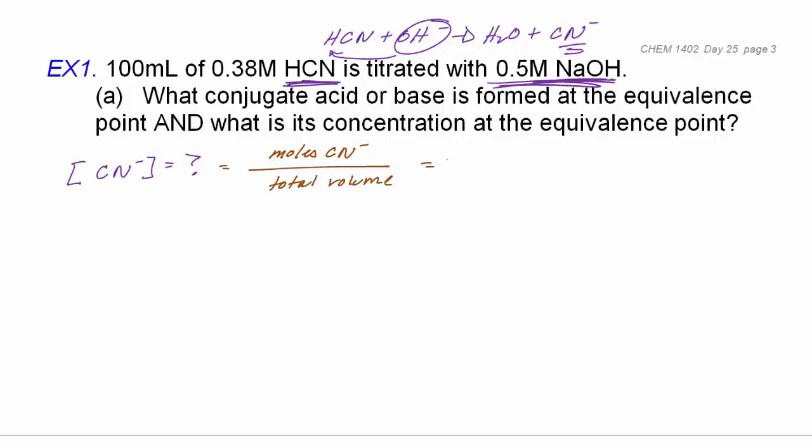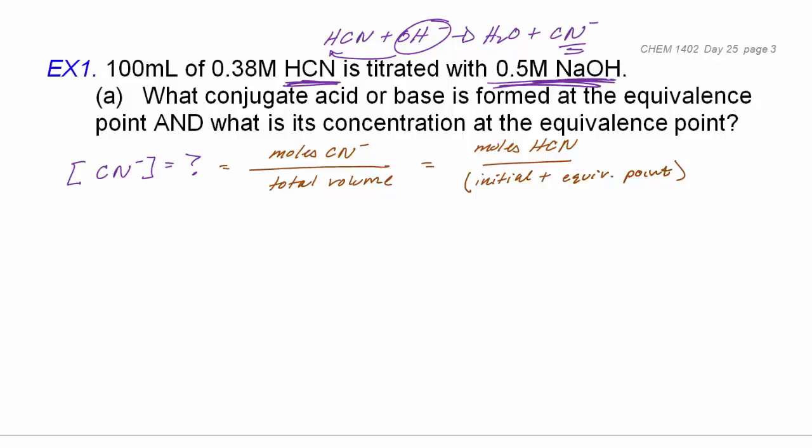And remember our game plan, the moles of that cyanide are the same as the moles of the hydrocyanic acid that we had. And the total volume is just going to be the initial plus our equivalence point. And make sure it's in liters, and we'll be done.